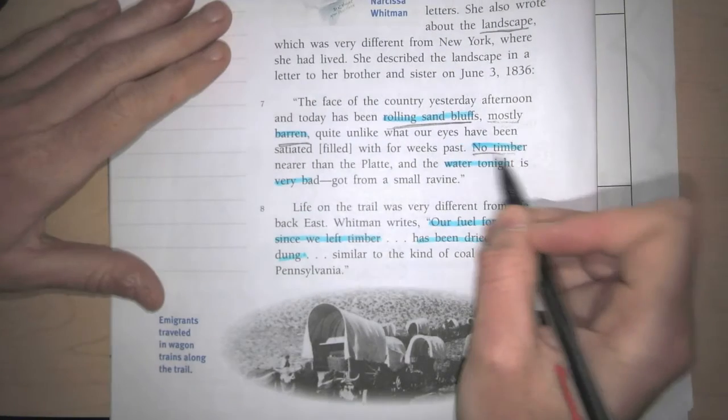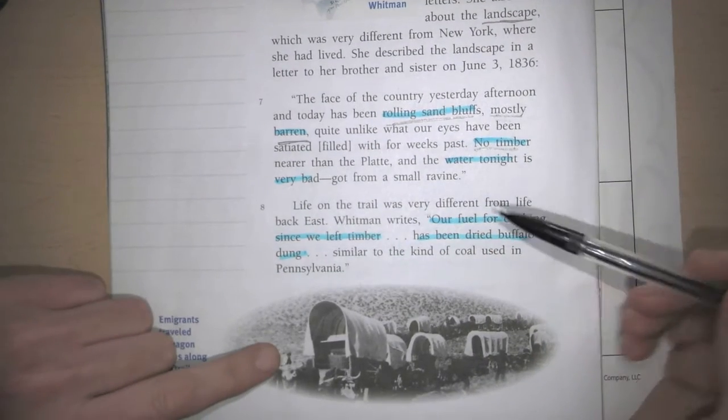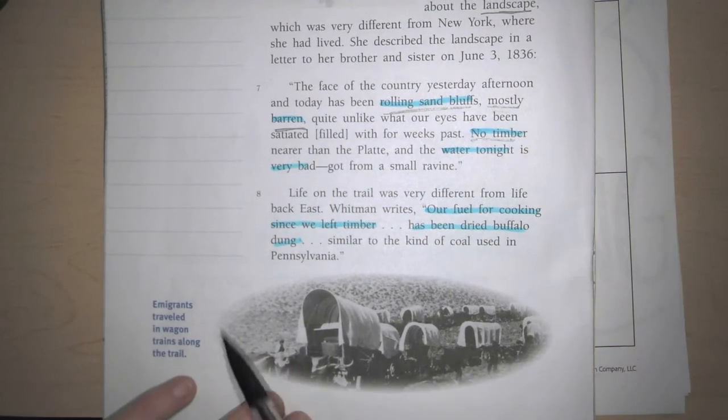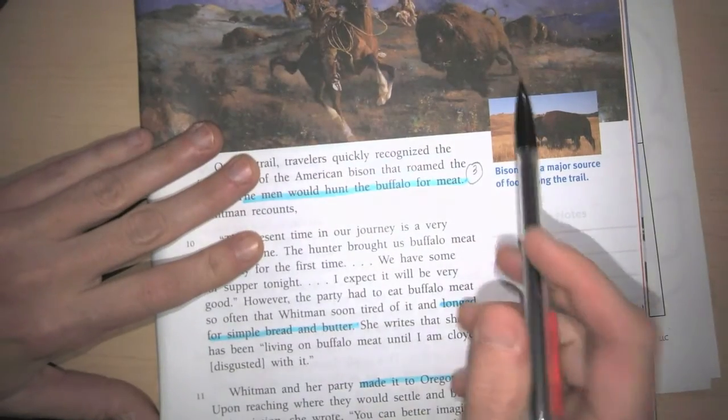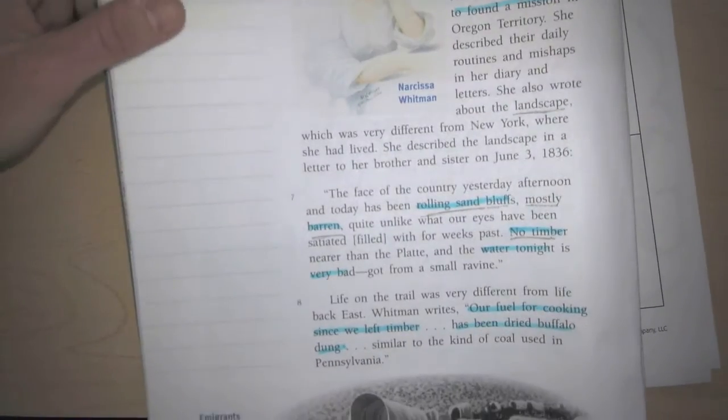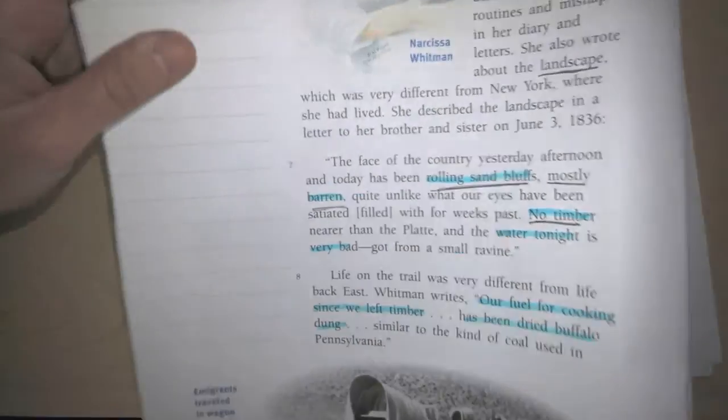So in this picture now, I can see what she's talking about. It's rolling bluffs. It's barren. There's no timber. If I look at these, same thing. Rolling bluffs, barren, no timber in all of these images. So maybe that's the first thing I'm going to write down. What is stated in the text?